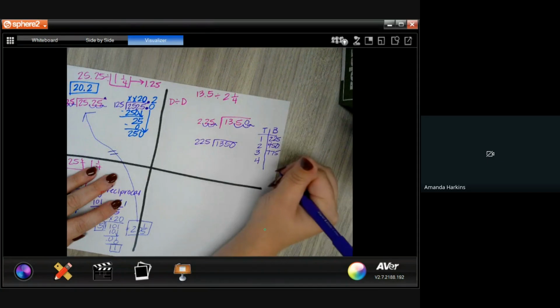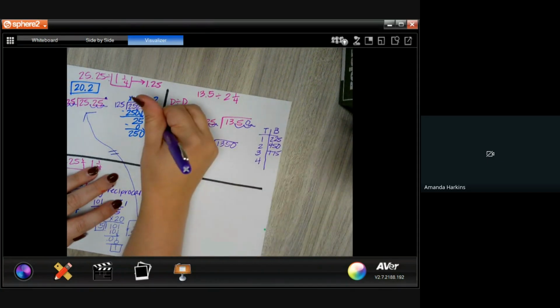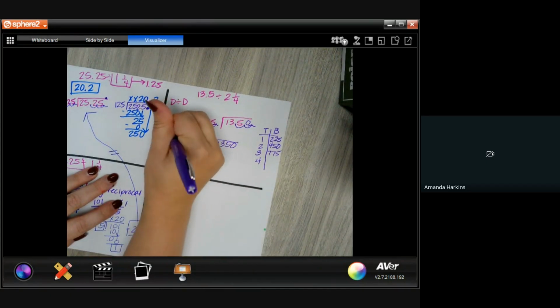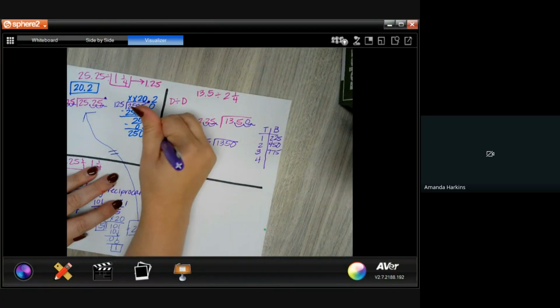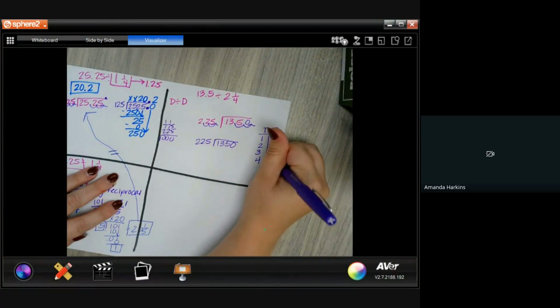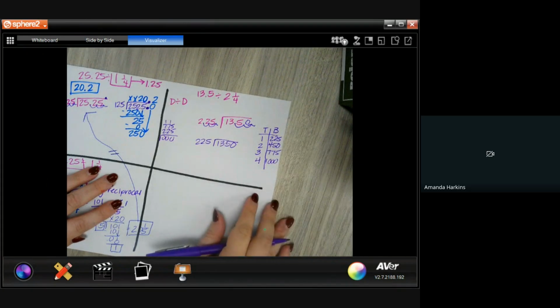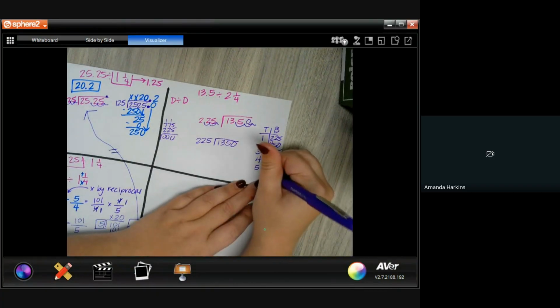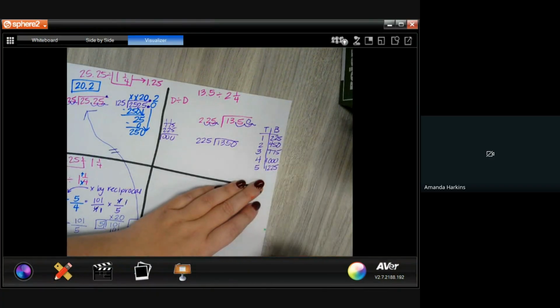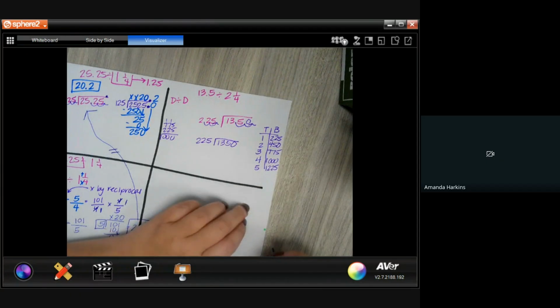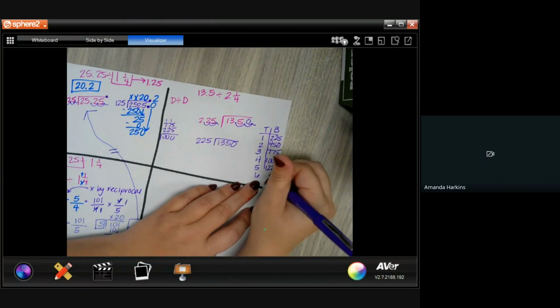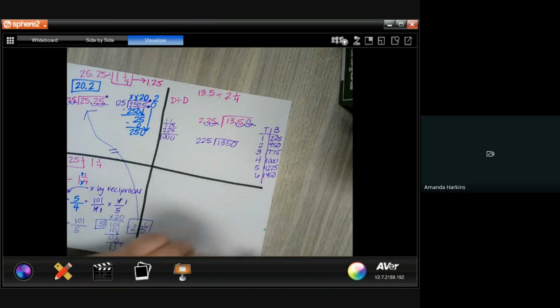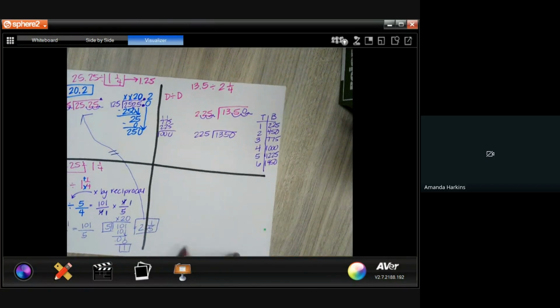I know 4 of them would get me 900. Okay. 5 of them would get me 1,125. And then 6 of them would be 1,350. Okay, but I'm going to pause right there. I'm going to start dividing.